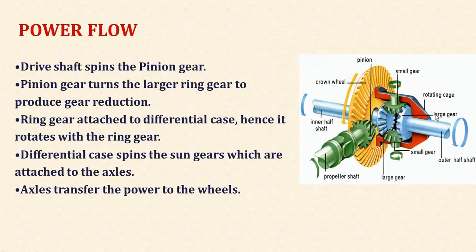Differential case spins the sun gears, which are attached to the axles, and axles transfer the power to the wheels. So in this manner, power is flowing from the driving unit to the rear axle through propeller shaft and differential gearbox. So here differential gearbox plays a very important role.